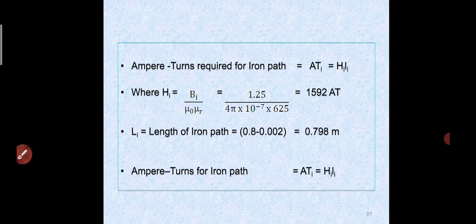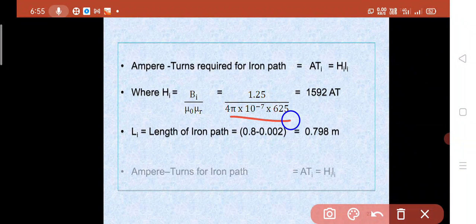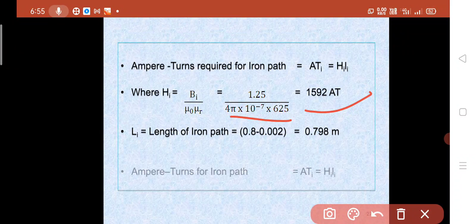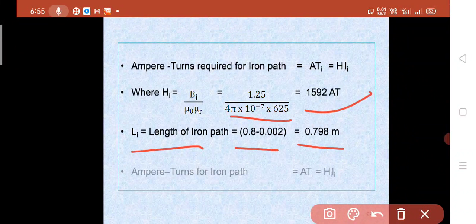Ampere turns required for the iron path, ATi, is equal to Hi Li, where Hi is equal to Bi by mu naught mu r, so 1.25 by 4 pi into 10 to the power of minus 7 into 625. The total Hi value is 1592 ampere turns per meter. The Li, length of the iron path, is 0.8 minus 0.002, so the value is 0.798 meters.